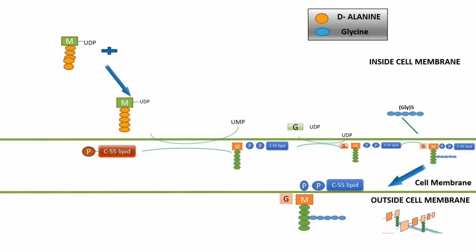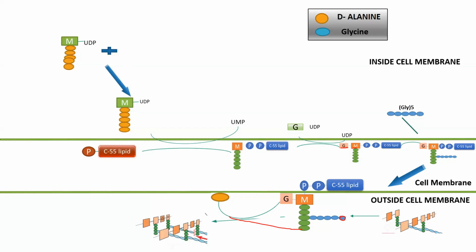So when another layer of acceptor molecule attacks, what happens? This alanine residue goes off, and the fifth position of this glycine pentapeptide gets attached to this alanine of the next acceptor molecule.